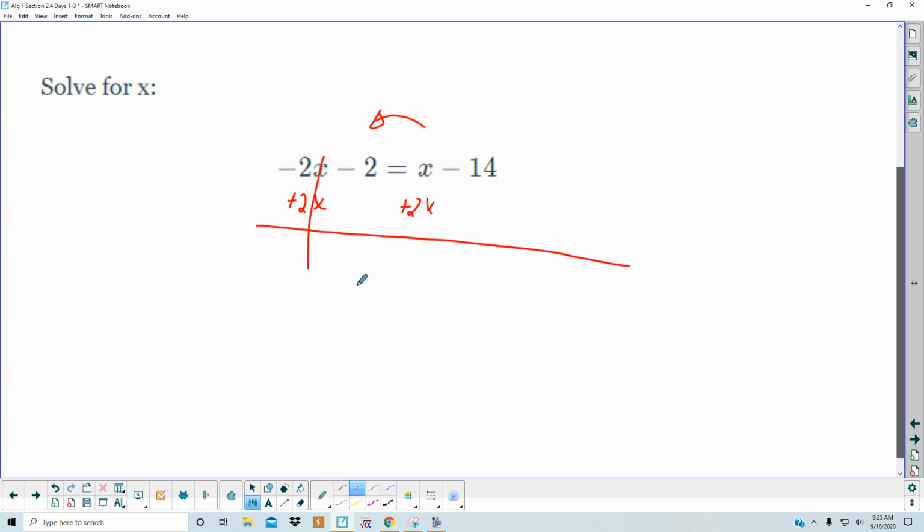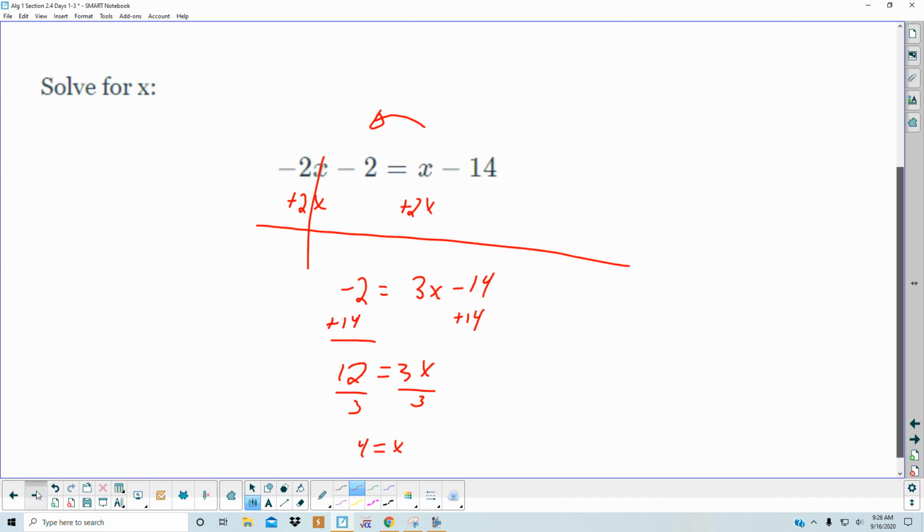This is gone. So I have negative 2 is equal to, remember this is a 1x, and 2x make 3x minus 14. I'm going to add 14 to both sides. So then I have 12 is equal to 3x. Now I'm going to divide by 3. So you get 4 is equal to x.